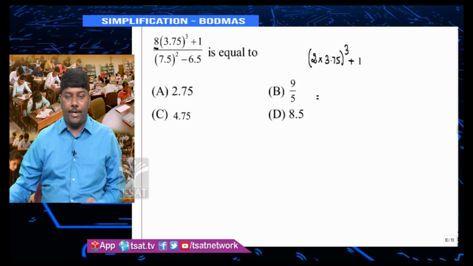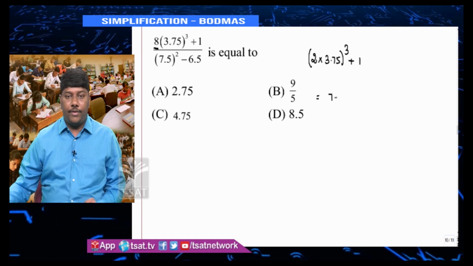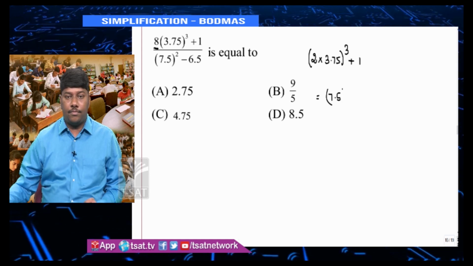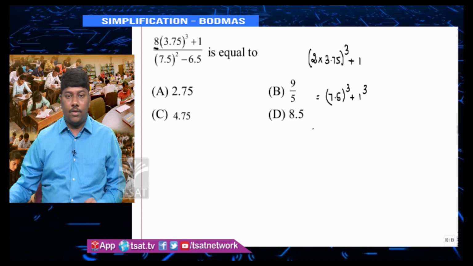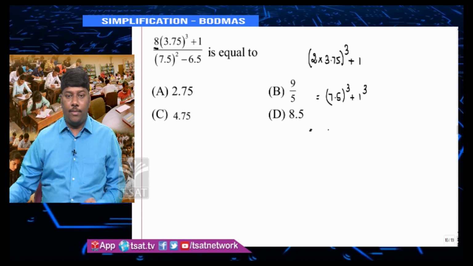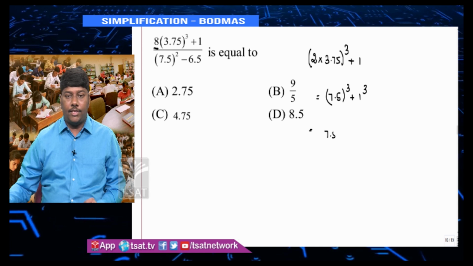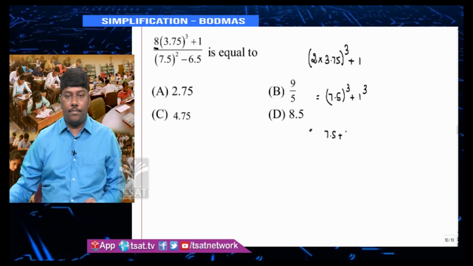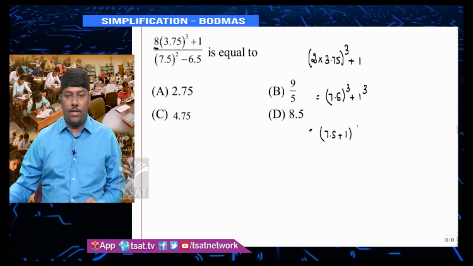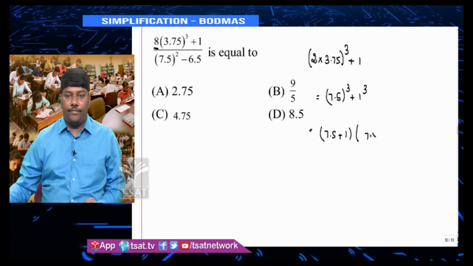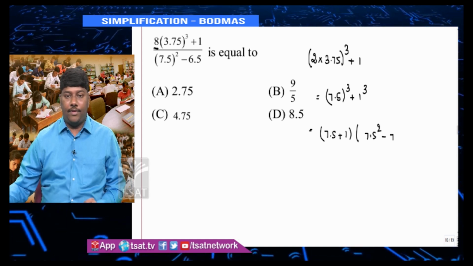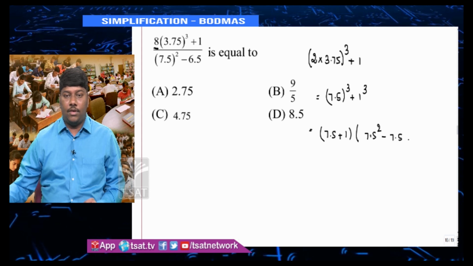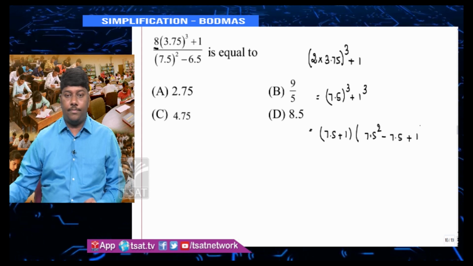First simplify the numerator: 7.5 whole cube plus you write it as 1 cube. A cube plus b cube formula: 7.5 plus 1, then a square, that is 7.5 square, minus ab, that is 7.5 into 1, plus b square, that is 1.